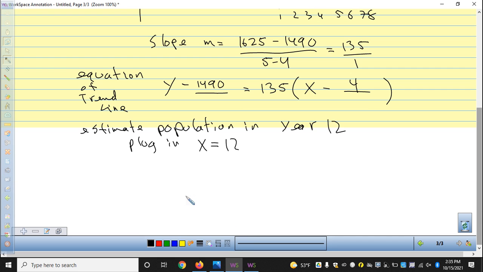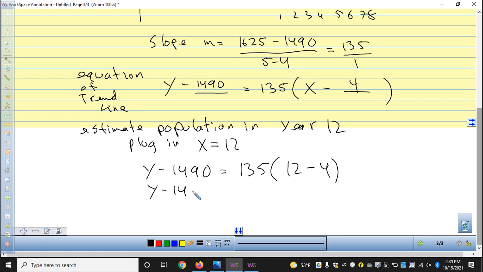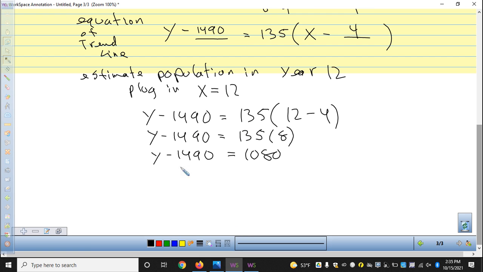So I would have y minus 1490 equals 135 times 12 minus 4. So y minus 1490 equals 135 times 12 minus 4, which is 8. 135 times 8 is 1080. And I'm going to add 1490.